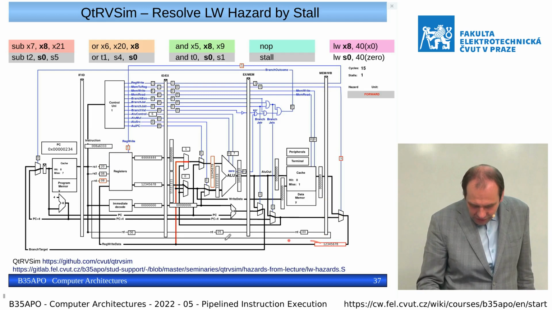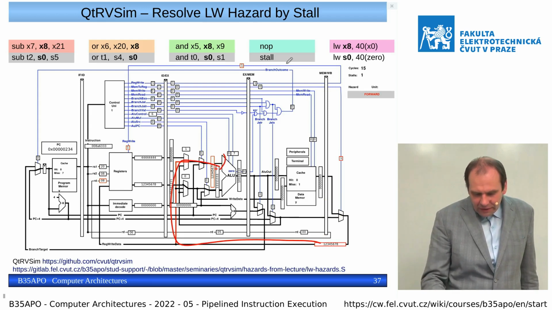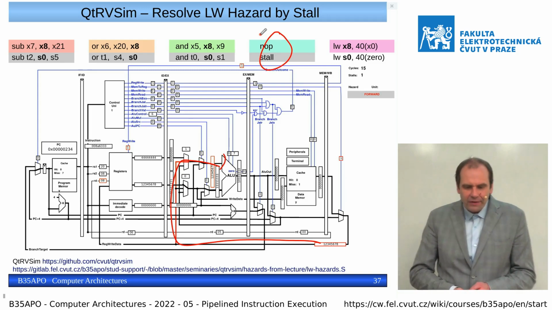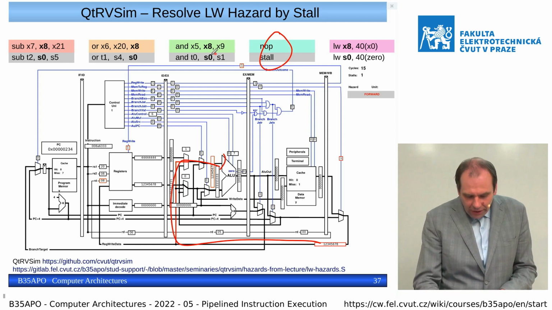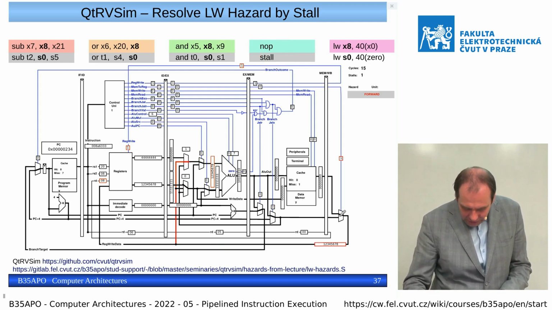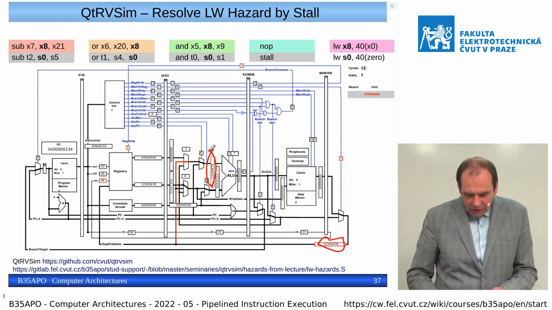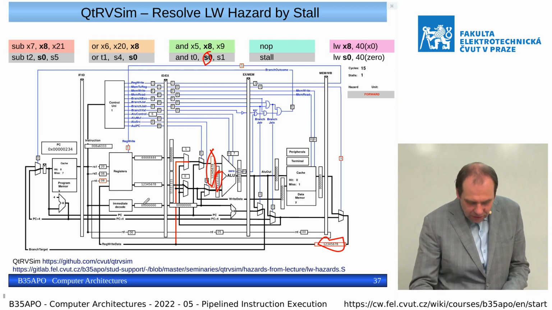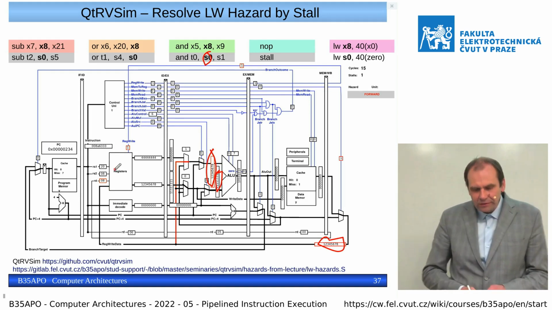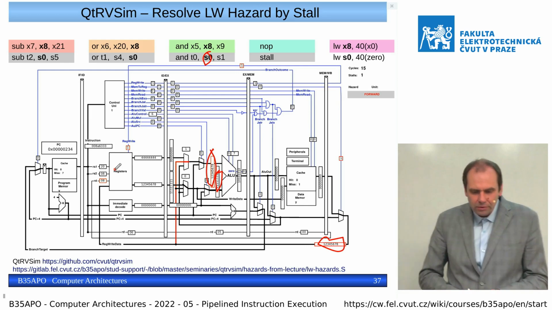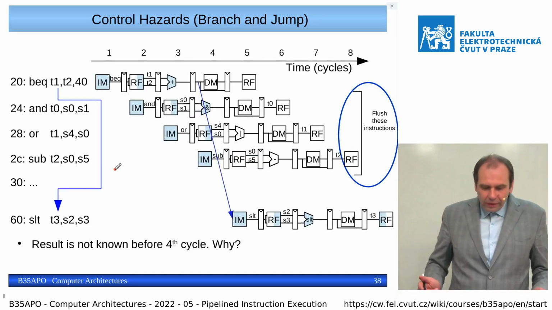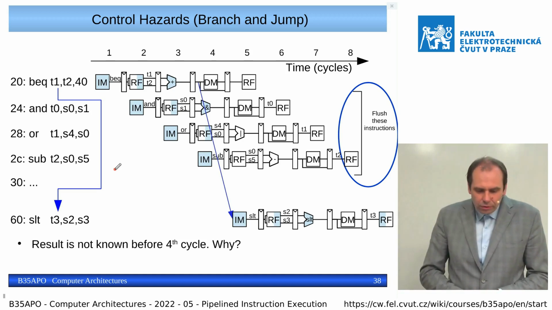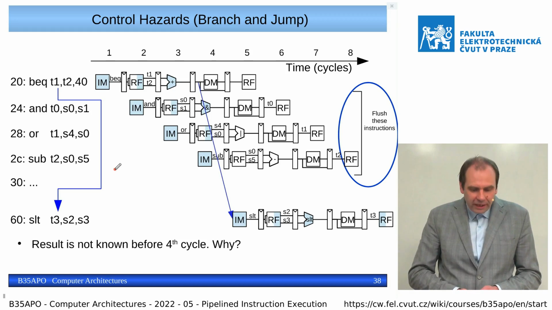So we know that we can forward the value here, and at the price of one stall clock cycle, we have executed the instruction correctly with correct data, because as you can see, 1, 2, 3, 4 has got to the first input of the AND operation, and on the second is that 1, 1, 1 from the register, which is not influenced by the previous code. So, okay, we have resolved all data hazards. And now what to do with the control hazard? It is a little more complex.